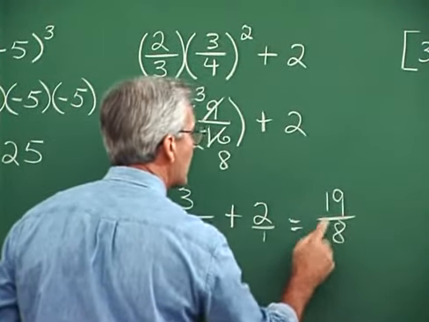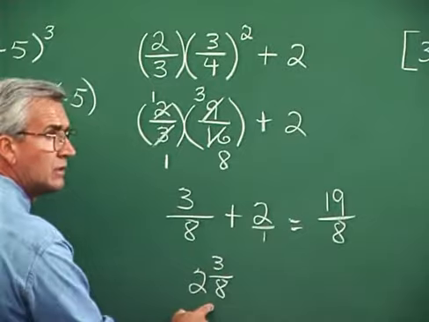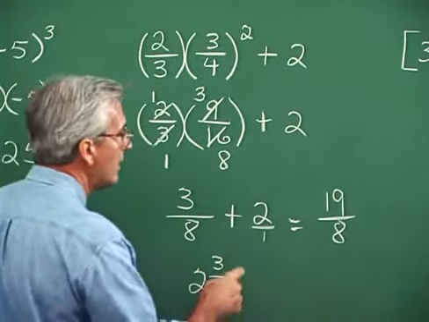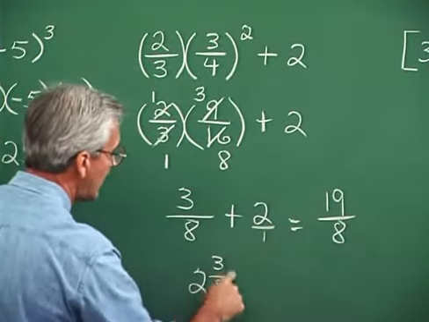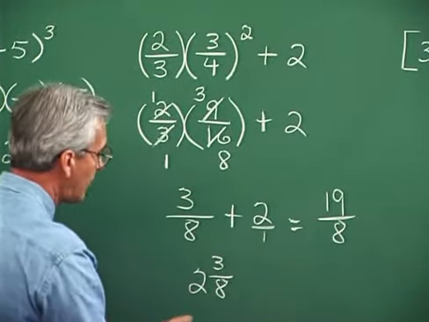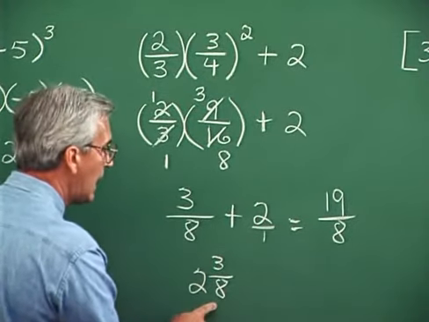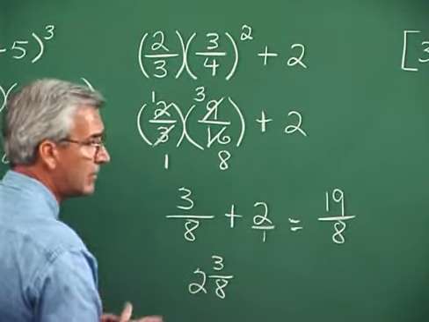And then from there, change it into 2 and 3/8. Well, it's easier to deal with it directly here. We could, incidentally, find the 19/8 by changing the mixed number to an improper fraction. 8 times 2, 16, plus 3, 19/8. So any way you cook it up, it still grits.